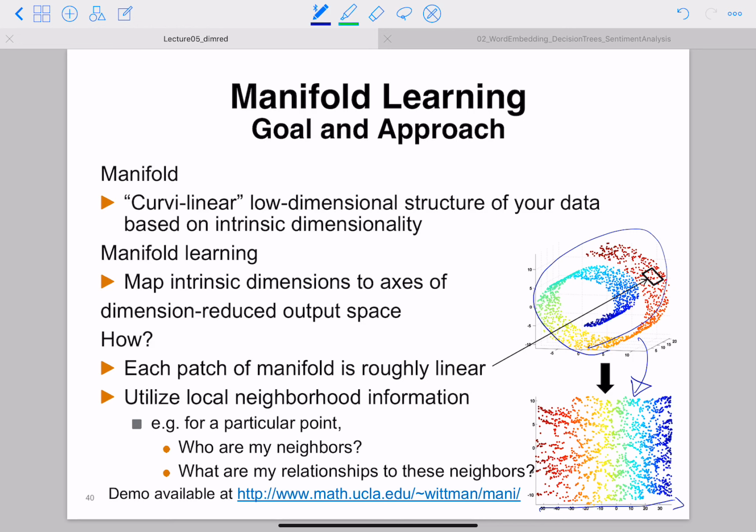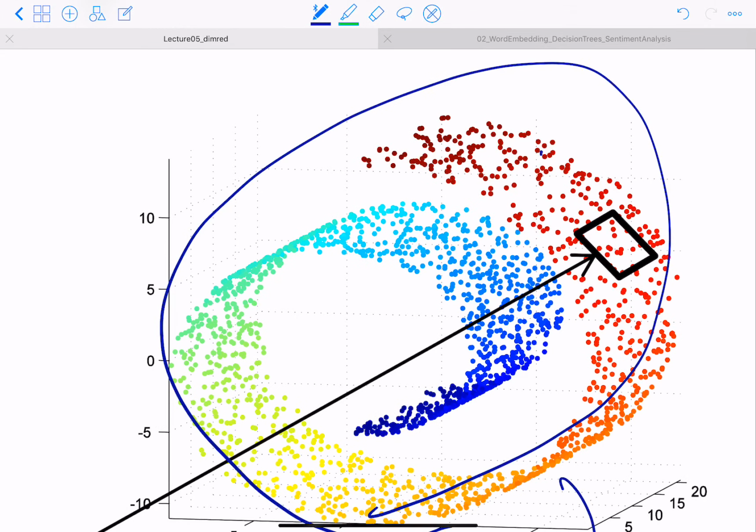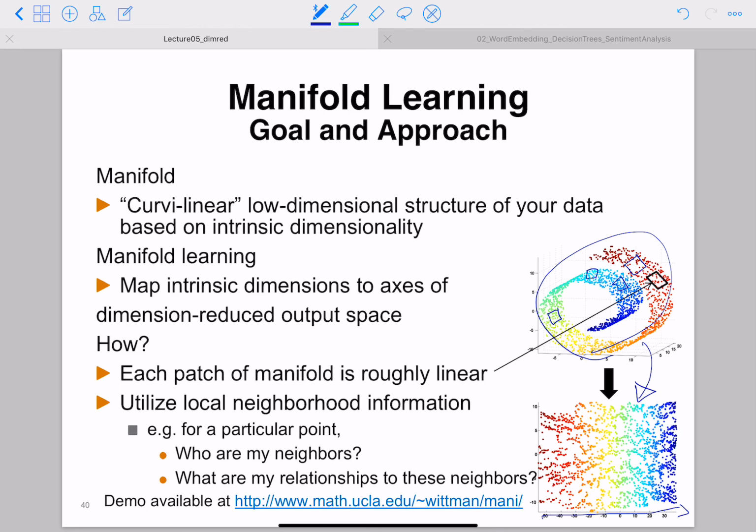Right, and in order to perform this manifold learning, we utilize the following assumption: that each local region is approximately linear, or at least that region is a little bit straight or flat, without any curvature, when considering each small patch.